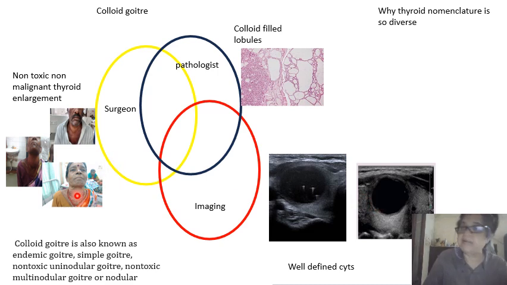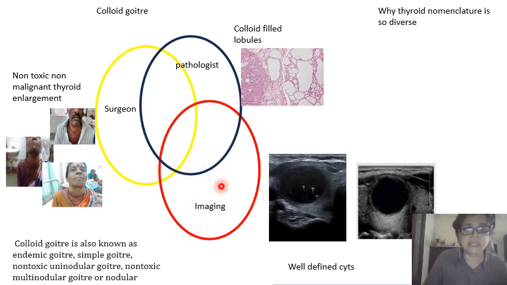Now, you may not find defined cysts here. You may not find colloid here. But a surgeon will continue to call it colloid goiter. Or the pathologist might find colloid-filled lobules in a picture which the surgeon is not calling colloid. Similarly, the radiologist might call that thyroid colloid goiter.